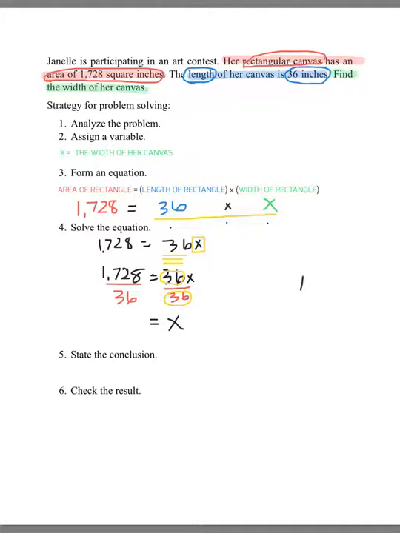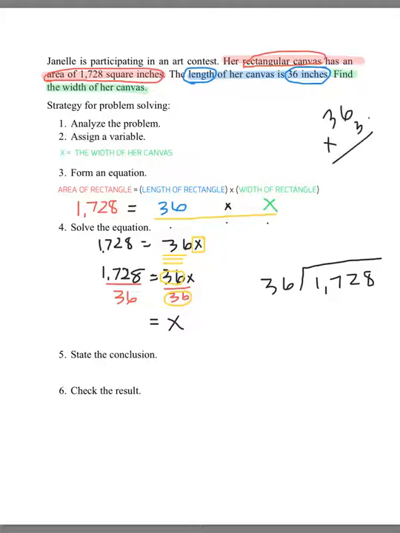So we're going to have 1728 on the inside. Since the divisor is 36, that's going to be on the outside. So now the question is, how many times does 36 go into 172? Now let's take a guess. My guess is 3. Let's see. 36 times 3.